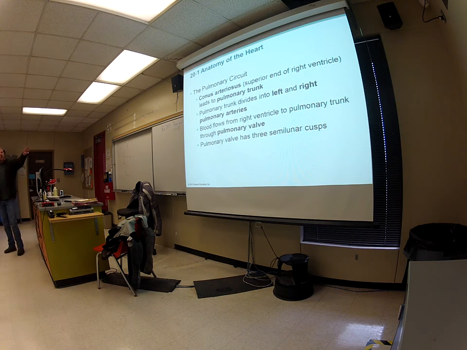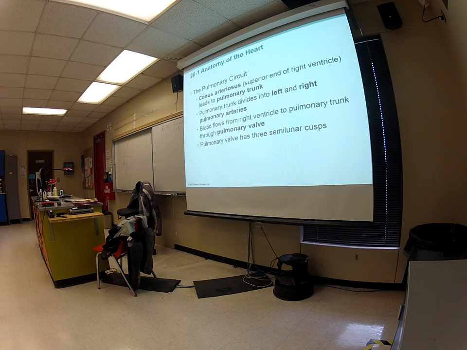Okay? Pulmonary circuit, well, it leads to the pulmonary trunk. Pulmonary trunk divided into left and right pulmonary arteries. Okay? Right and left pulmonary arteries. Well, the pulmonary arteries are circulating deoxygenated blood. So remember when I said that the heart has a lot of rules that it breaks? Remember the apex was at the bottom and the base was at the top? Yeah.